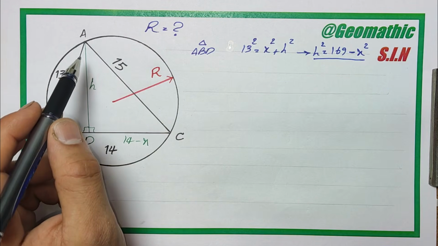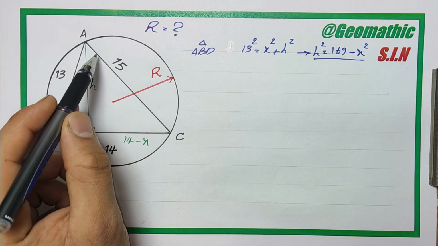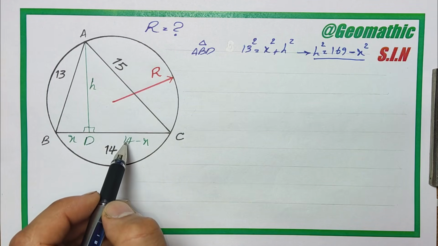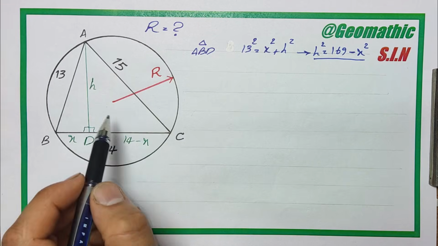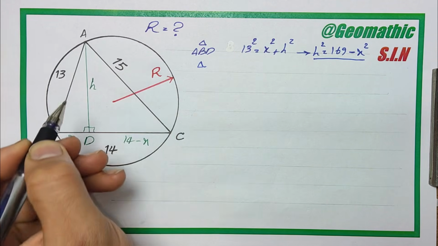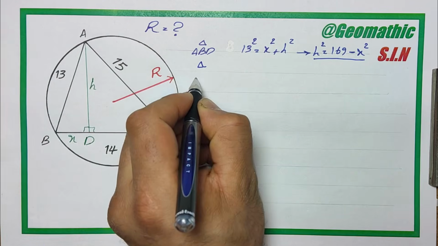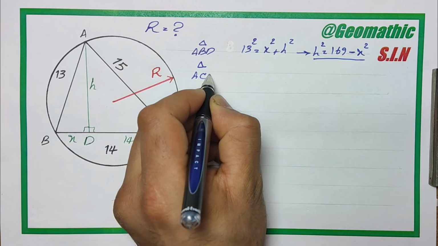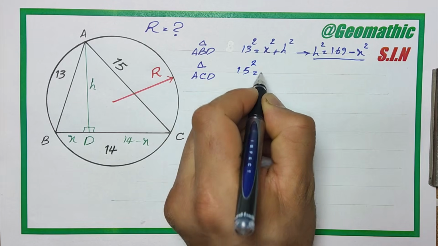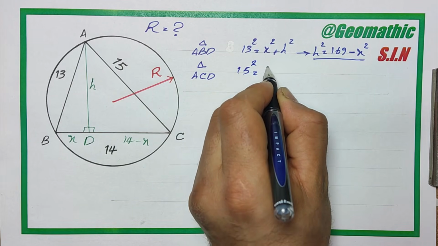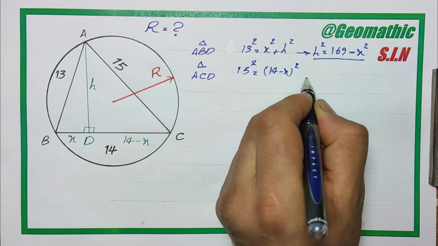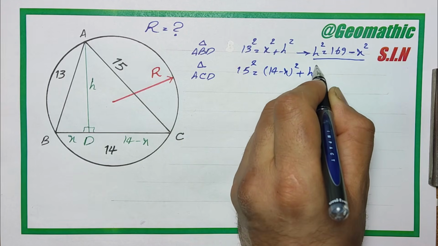And then for triangle ACD with a hypotenuse of 15, we have 15 squared equals the square of 14 minus x, plus h squared.